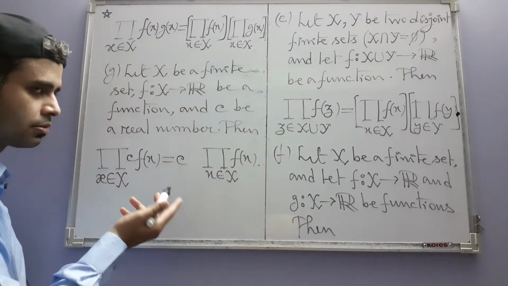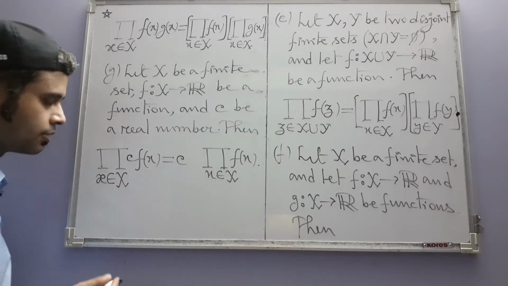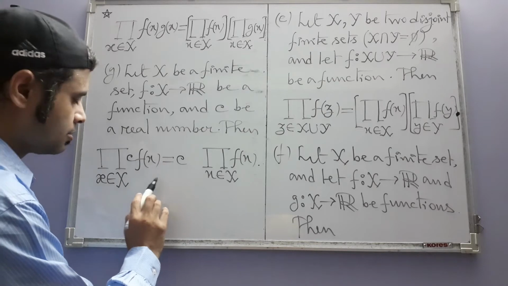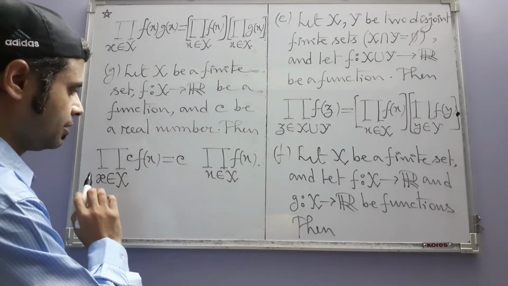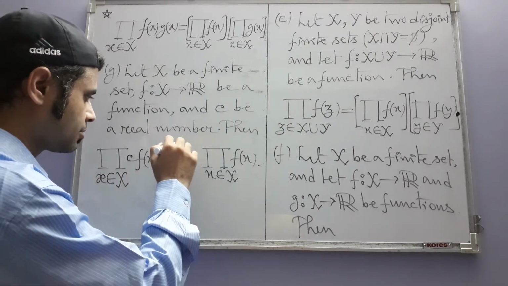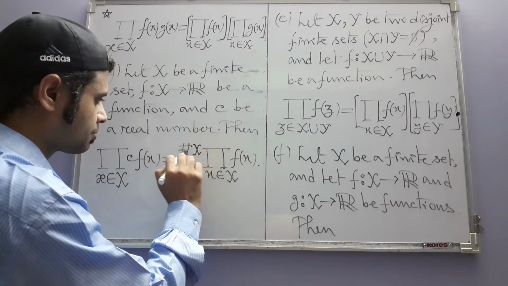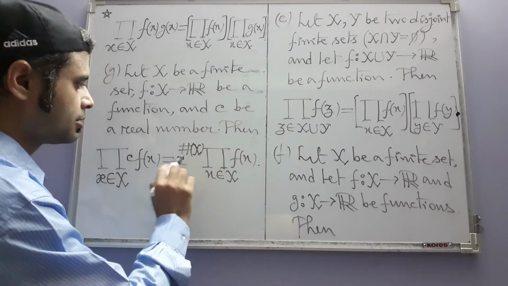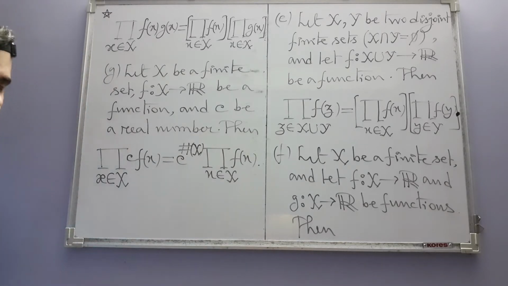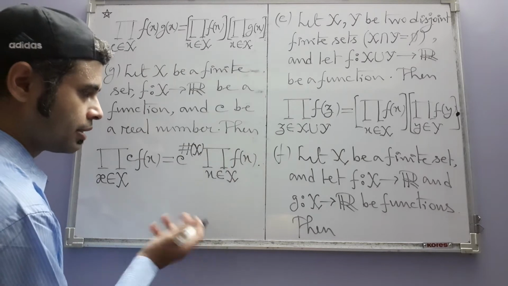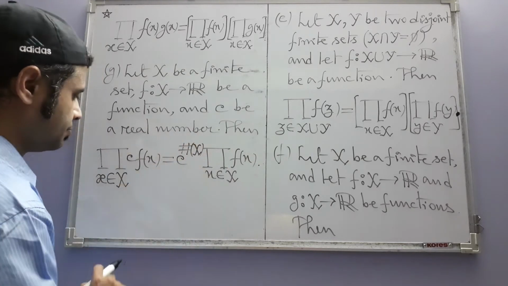Here, however, just simply c will not come out since we have that many c's, as many elements as we have in X. So in place of just simply c, we have to write this power of c, where the exponent is the cardinality of X, because these will appear. So you take their product and you get this power.